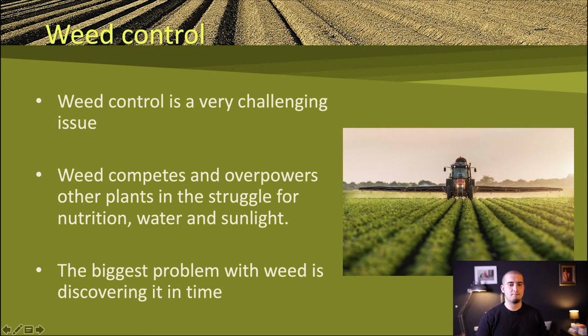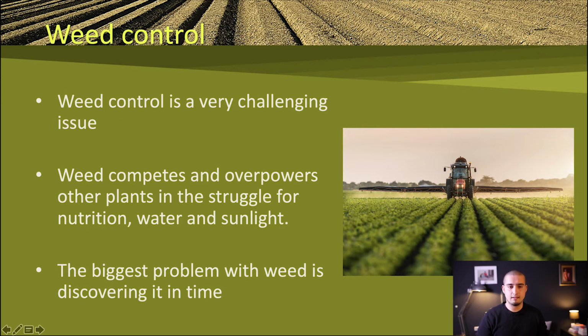We have manual removal, which is the most basic and oldest one, where a person manually tries to find the weed and remove it. It is mainly used on smaller lands because it is inefficient and very time consuming.